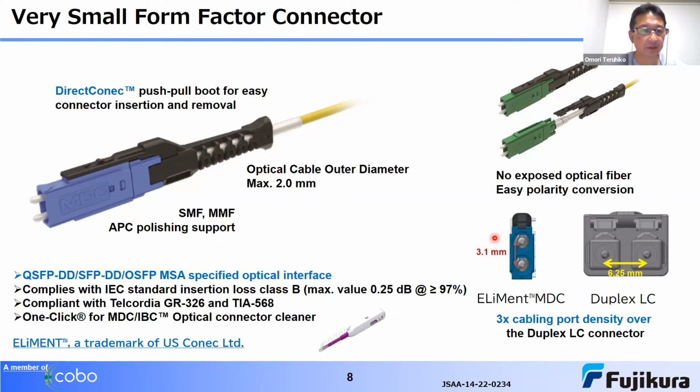MDC connector. This is a MDC connector, and this connector has a direct connectable boot for easy connector insertion and removal. And ferrule has APC polishing support for single mode and multi-mode fiber for the better return loss.